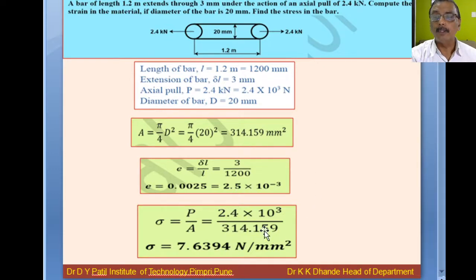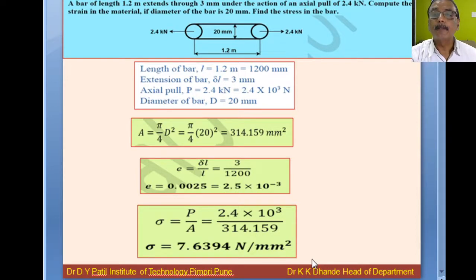If we put this value and do the calculations, so sigma is equal to 7.6394 Newton per mm square. Newton per mm square, you may write here megapascal also.